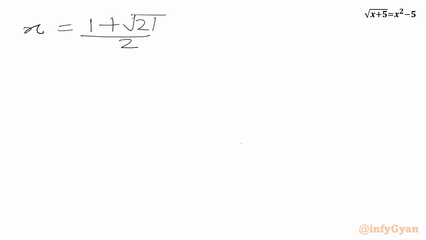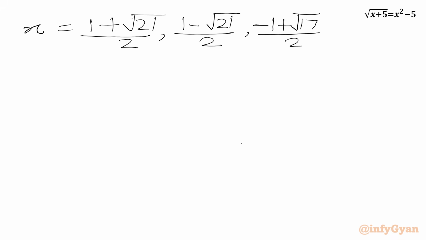So I will write here all the four values which we have calculated: (1 + √21)/2, (1 − √21)/2, (−1 + √17)/2, (−1 − √17)/2.